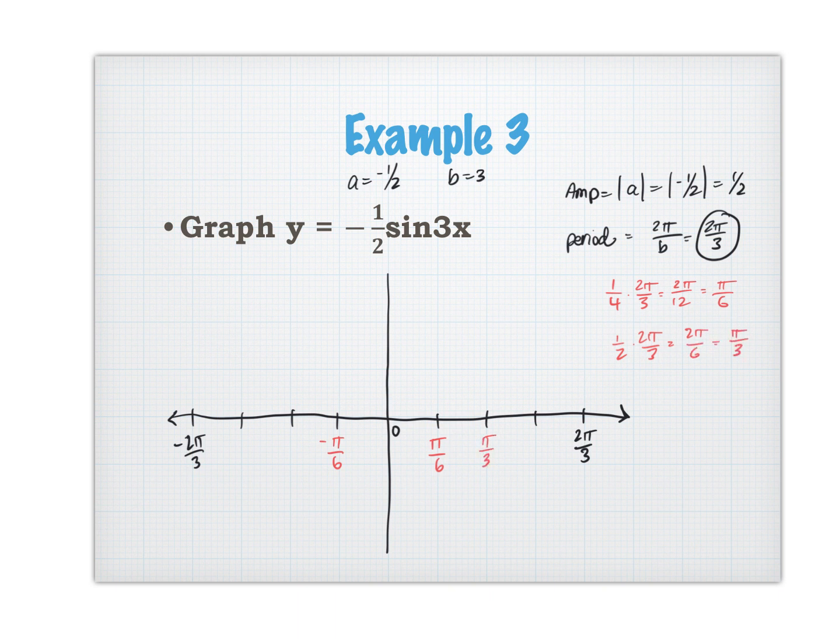So this is pi over 3 radians, and this is -pi over 3. And 3/4 of the way through the period is going to be 3/4 times 2 pi over 3, which is 6 pi over 12, or pi over 2. So this is pi over 2, and this is -pi over 2.